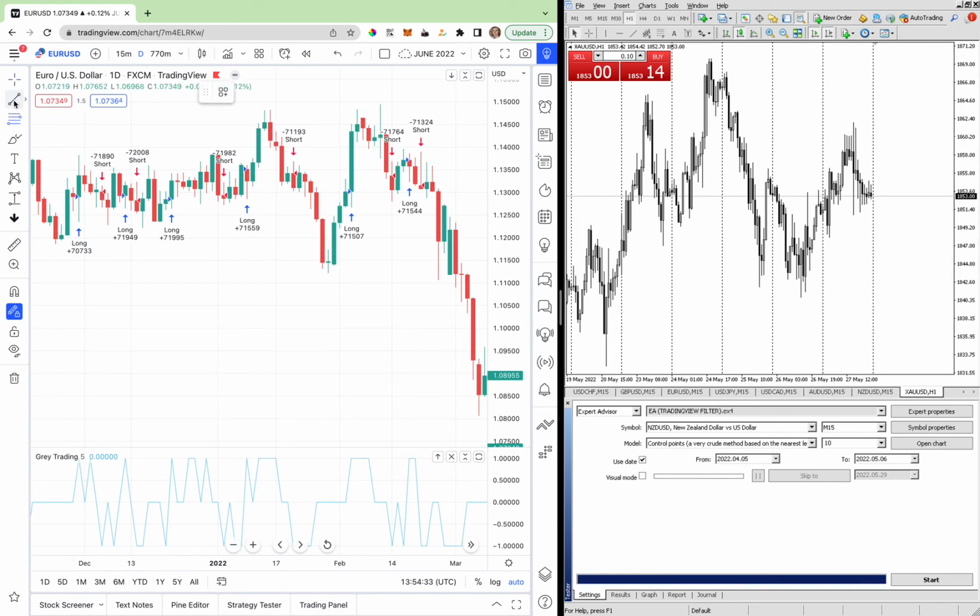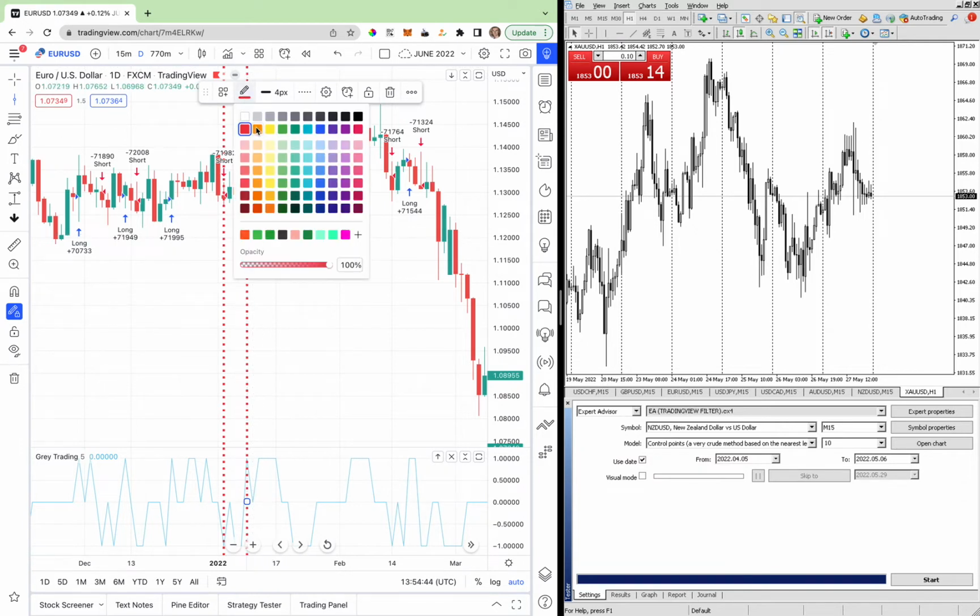Starting in January, you can see the first trade was short on the 4th of January to the 10th of January.